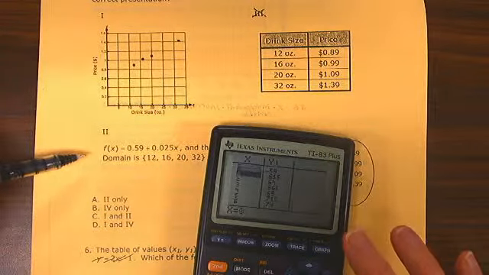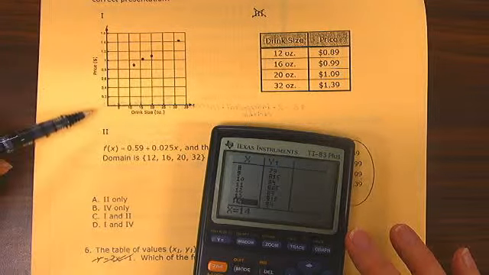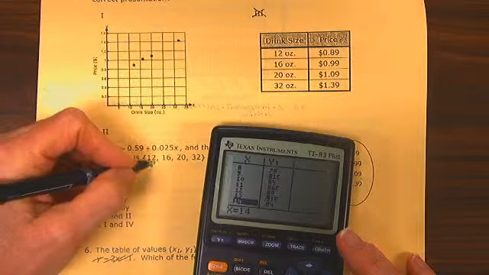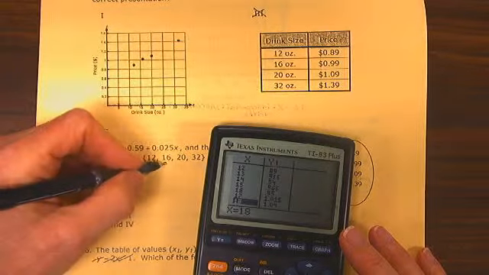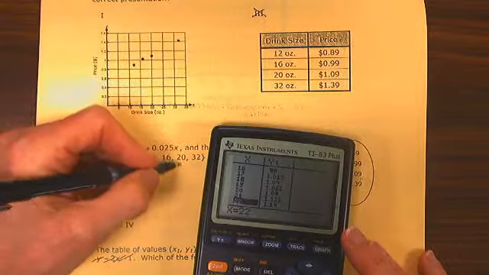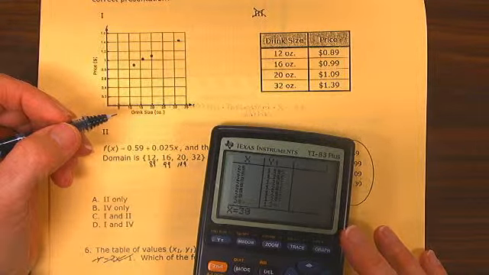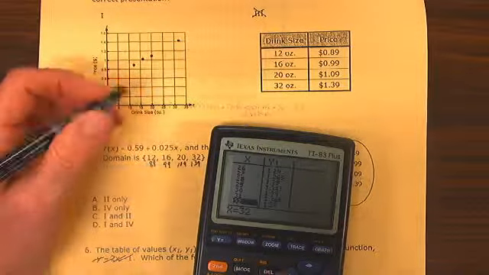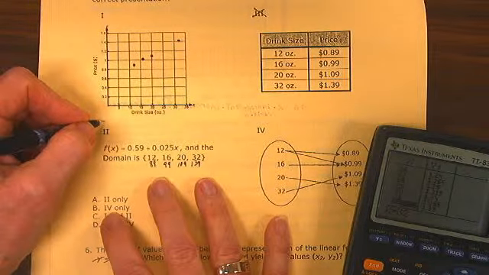At 12, $.89. At 16, .99, at 20, 1.09, and at 32, 1.39. So this one is correct.